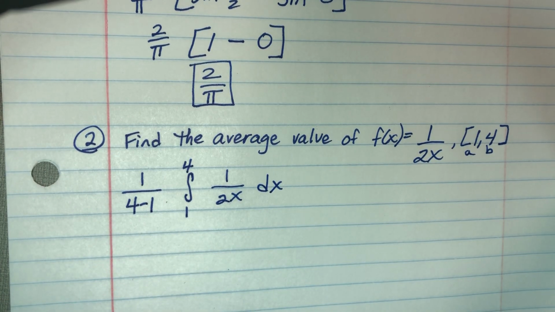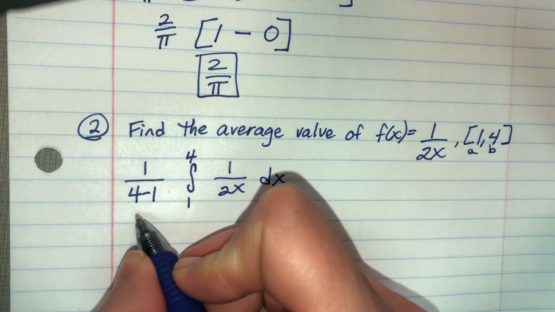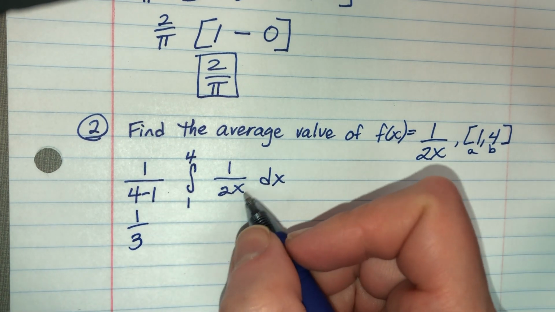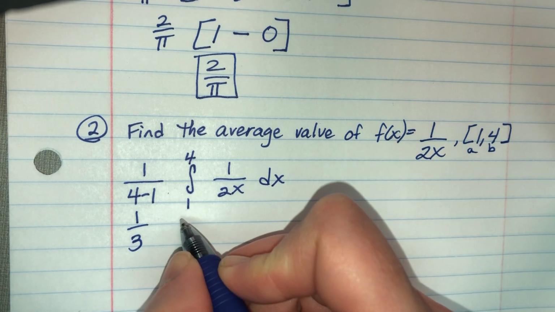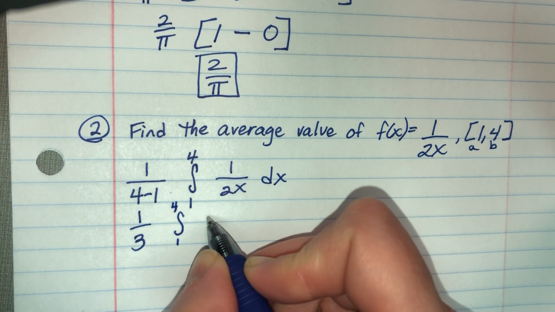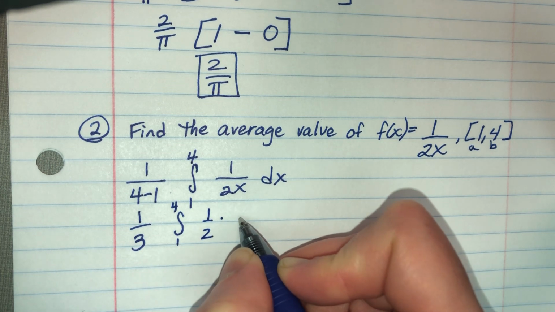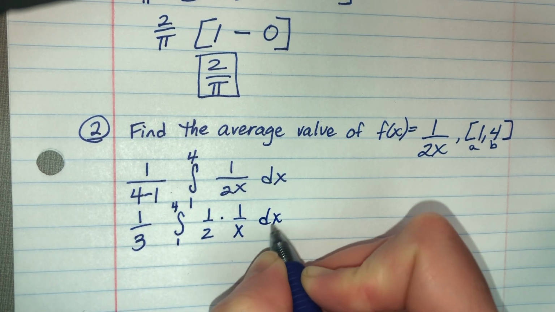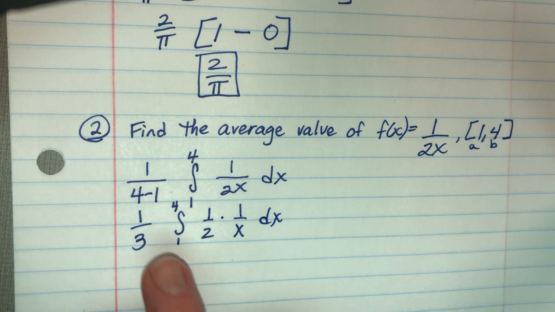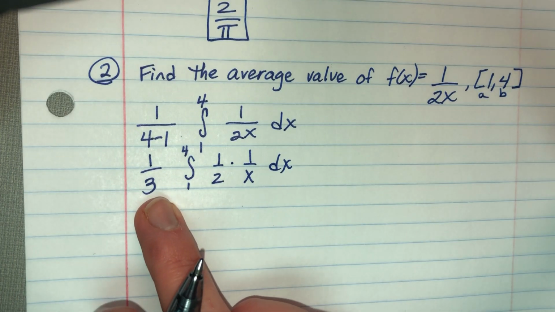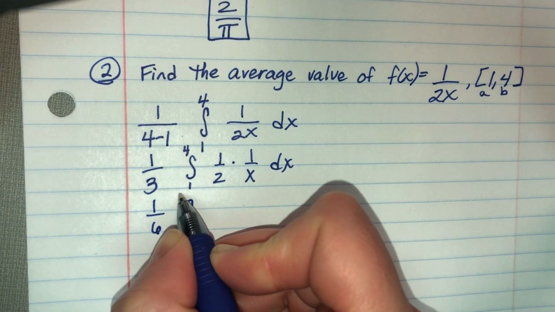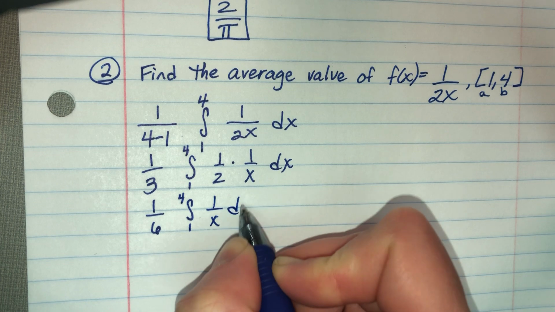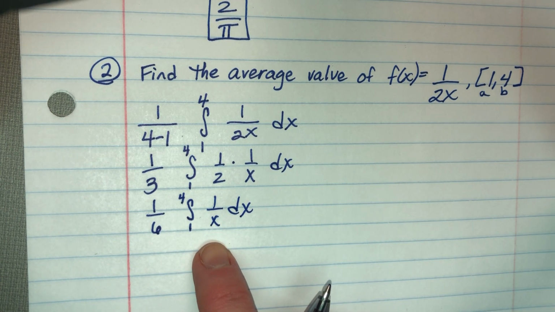Now, in front, this is going to simplify to 1/3. This is not set up very nice for integration, my function. I could think of this as 1/2 times 1 over x, and then pull the 1/2 out in front and multiply it by the 1/3. 1/2 times 1/3 will give me 1/6 times the integral from 1 to 4 of 1 over x dx. 1 over x integrates as the natural log of x.